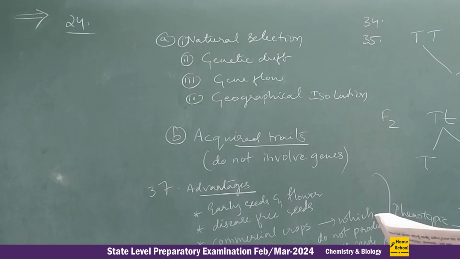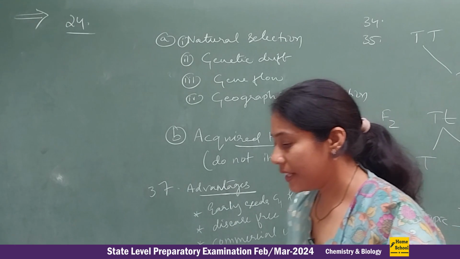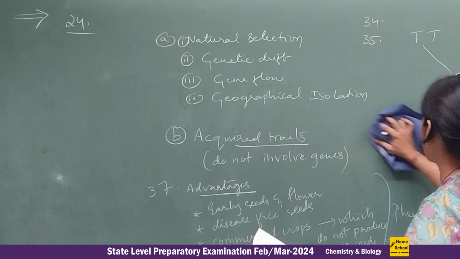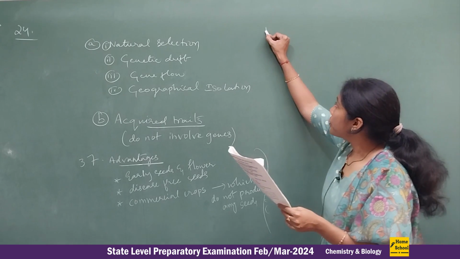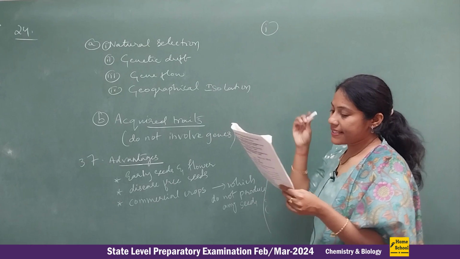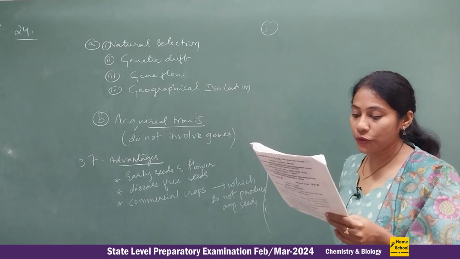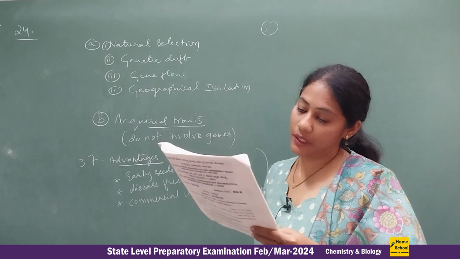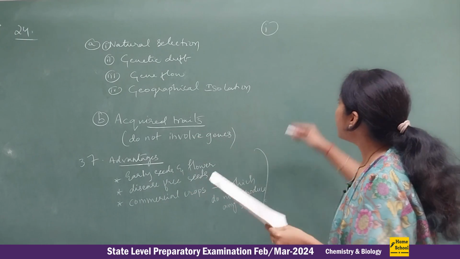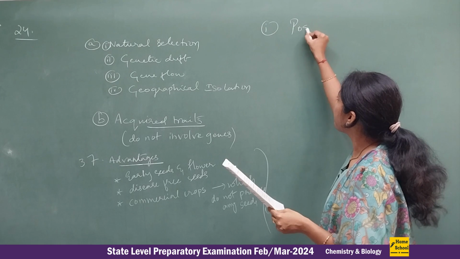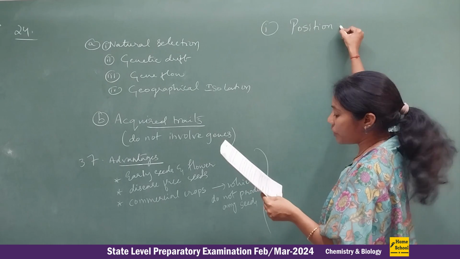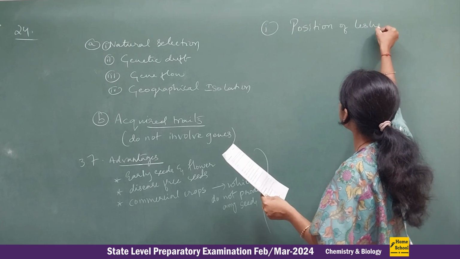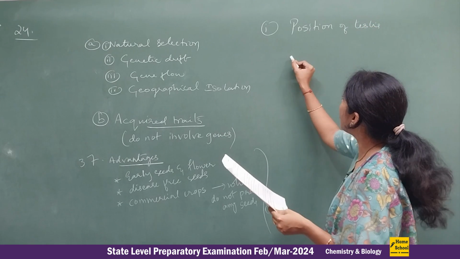Okay. Or there is an OR question. Let me discuss this OR question also. How are position of testis and the function of uterus complementary to each other in human reproduction? Explain. See, position of testis and function of uterus.